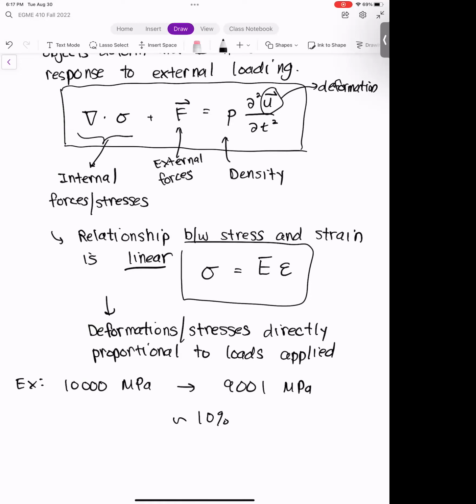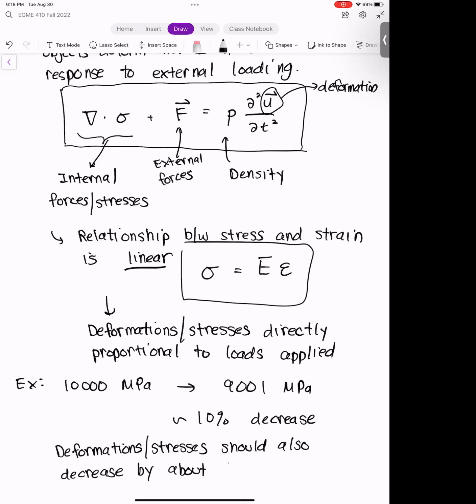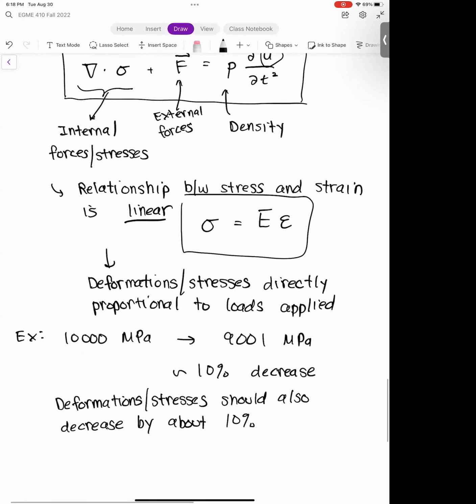So, spoilers a little bit, because we're running a linearly elastic simulation, the deformations and the stress that you observe should also decrease by about 10%.